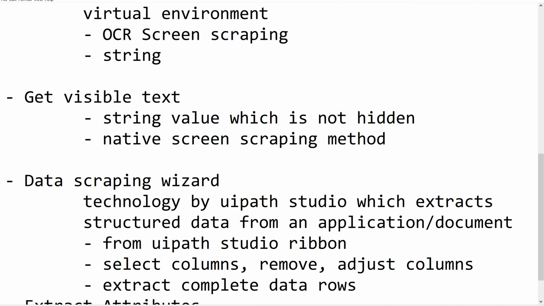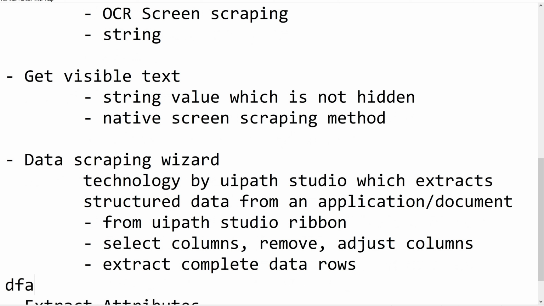By default, 100 rows will be extracted. You can increase or decrease this. If you give 0, it will extract all the data available on the application or on the document.